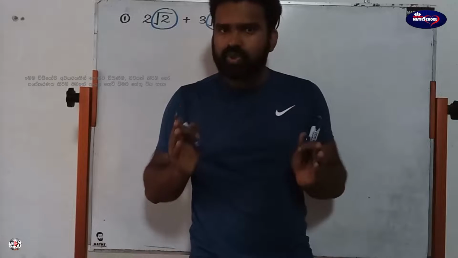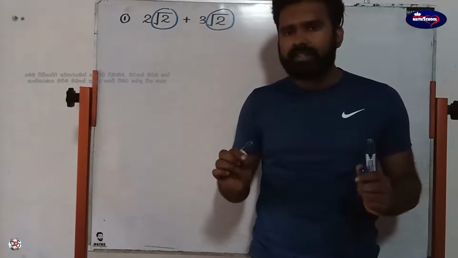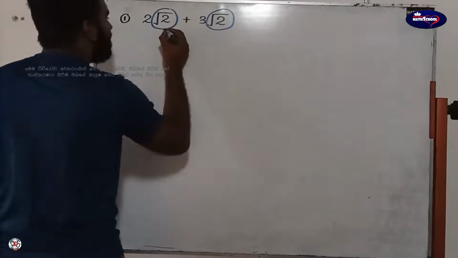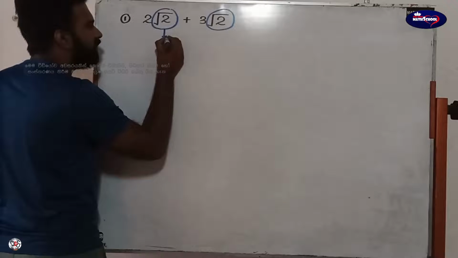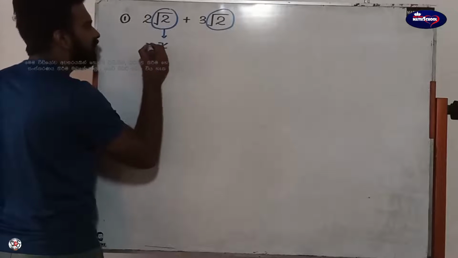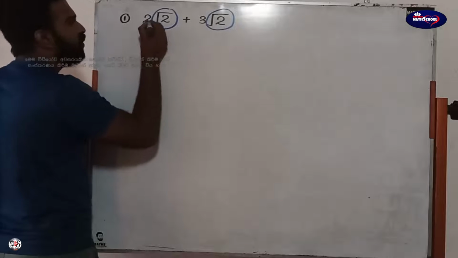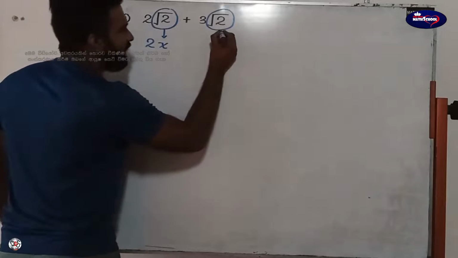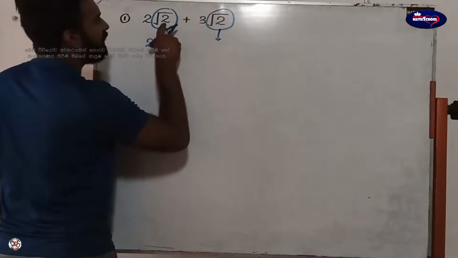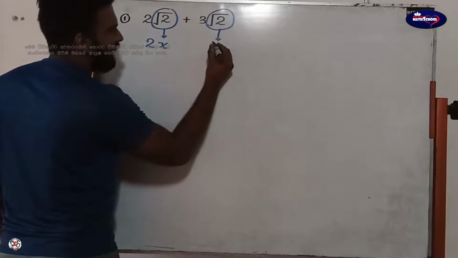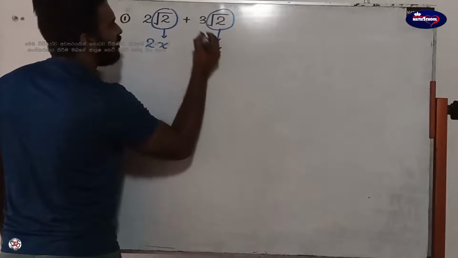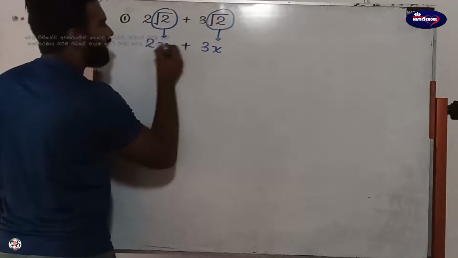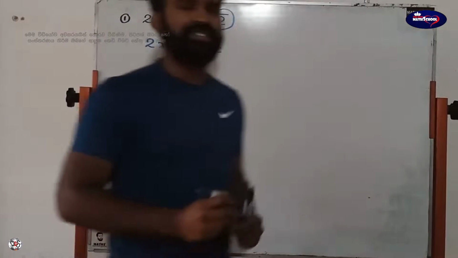So if you don't know this, you can take it as x, an unknown. So you can take it as 2x. Here also you have the same number, square root of 2, so you can take it as x, and in front of that you have 3. So here you have something like 2x plus 3x.